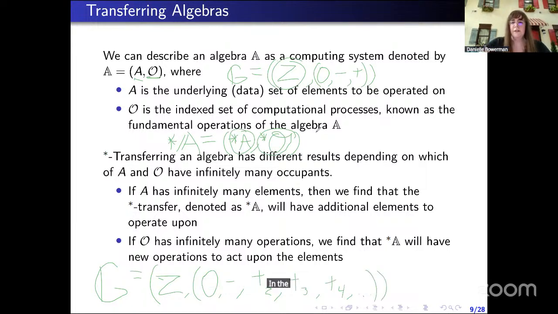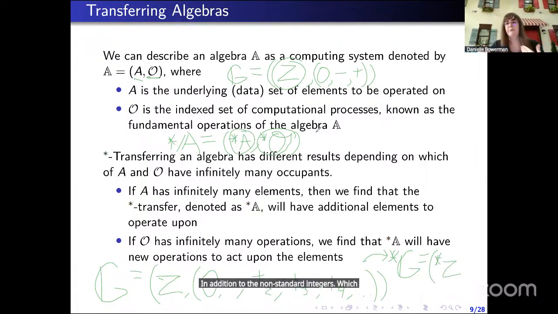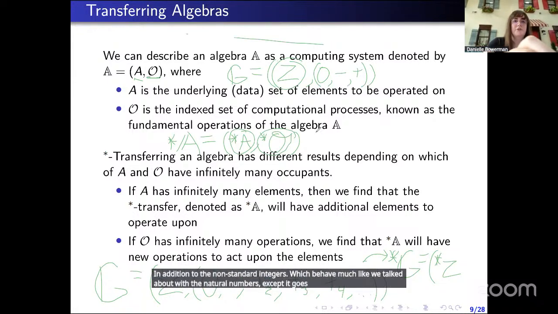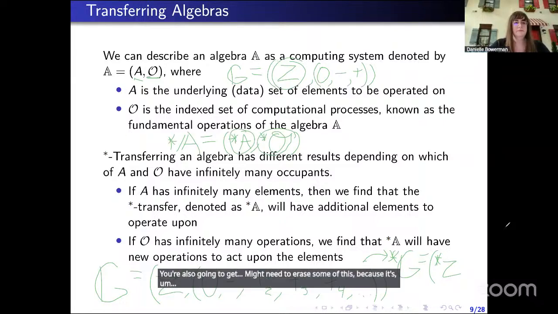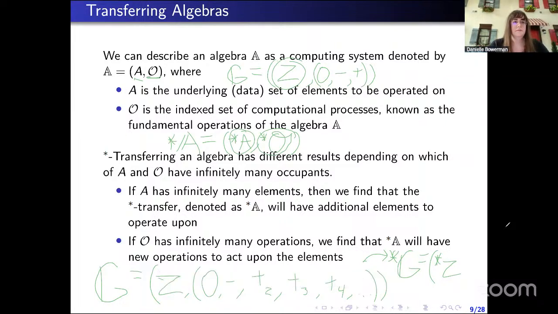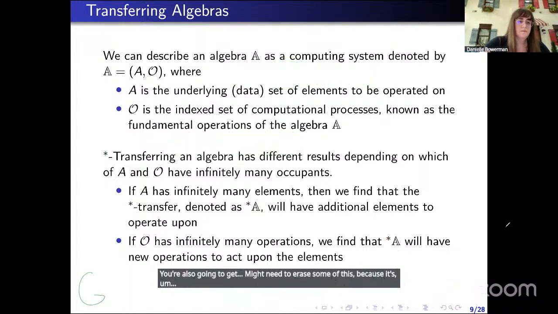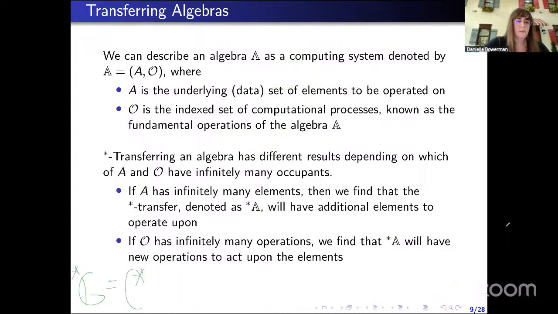In the non-standard setting, you're going to get, in addition to the non-standard integers, which behave much like we talked about with the natural numbers, except it goes both directions, you're also going to get a 0, and technically this is star 0, and this would be star additive inverse.